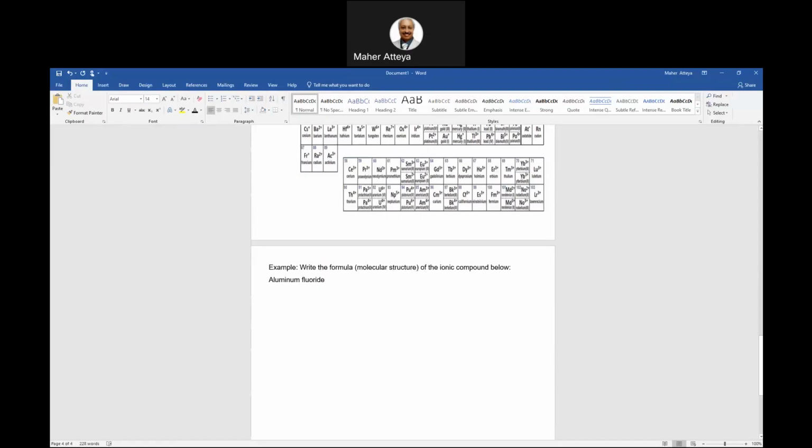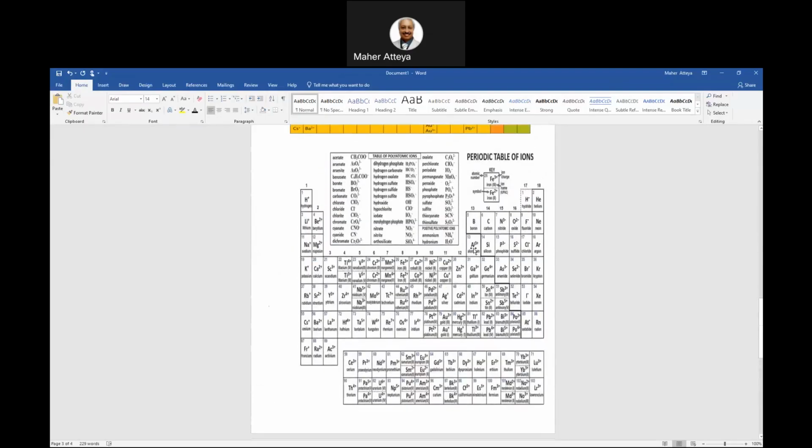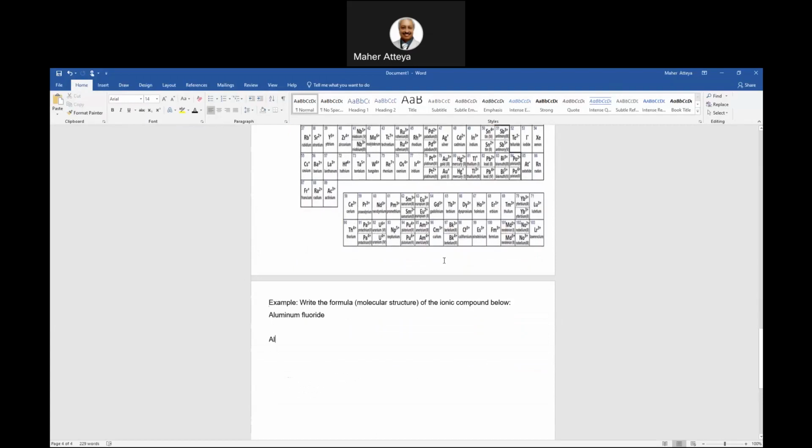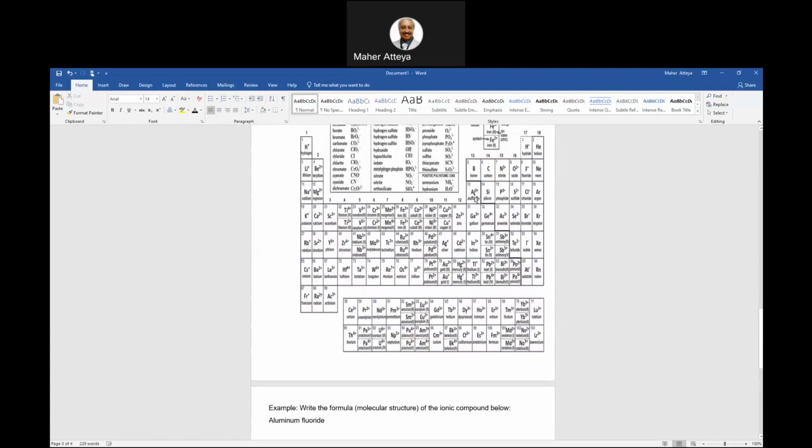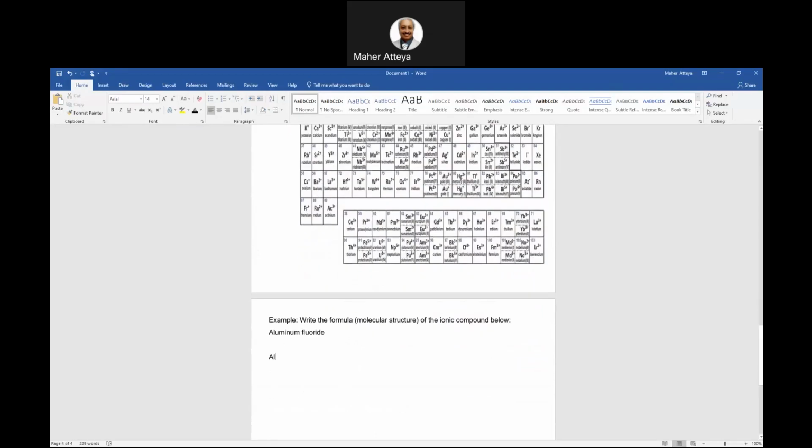Aluminum is Al from the periodic table, and from here you can see Al. The atomic number is 13, correct? Well, what charge does Al carry? Group number 3, what charge is this? Positive 3. Perfect.